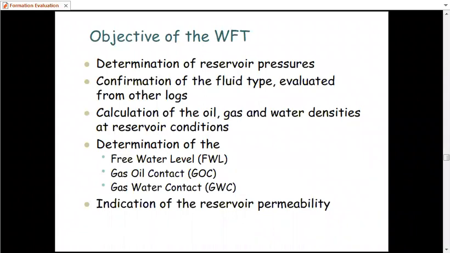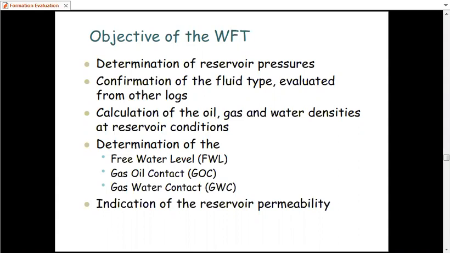So the question is, what is the objective of well formation testing? The first one is to determine the reservoir pressure and also to confirm the fluid type evaluated from the other open hole logs, and also to calculate the oil, gas, and water densities at reservoir conditions, as sometimes you have to get a sample from your reservoir.